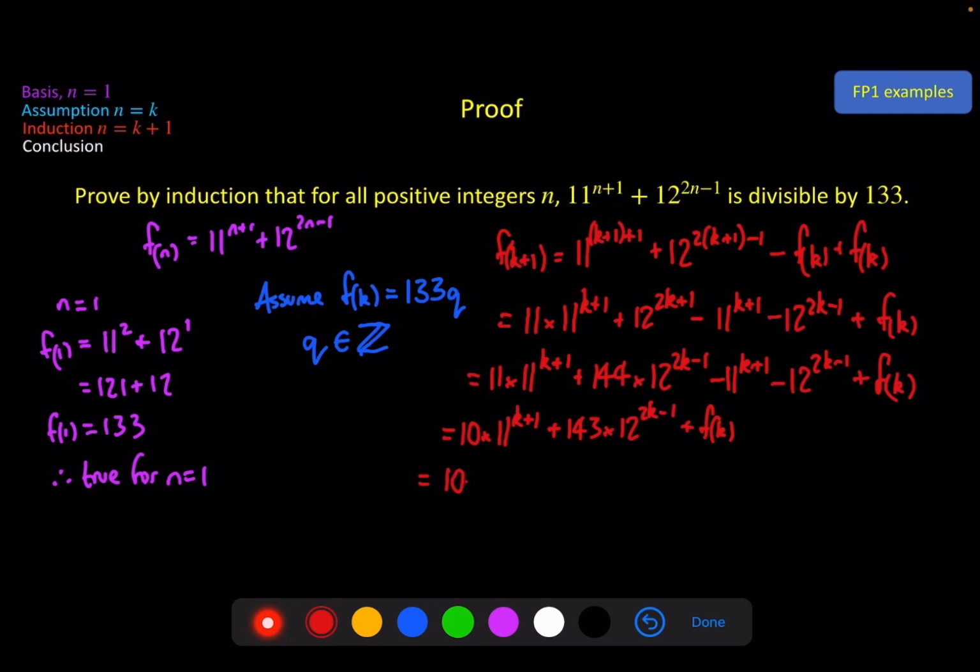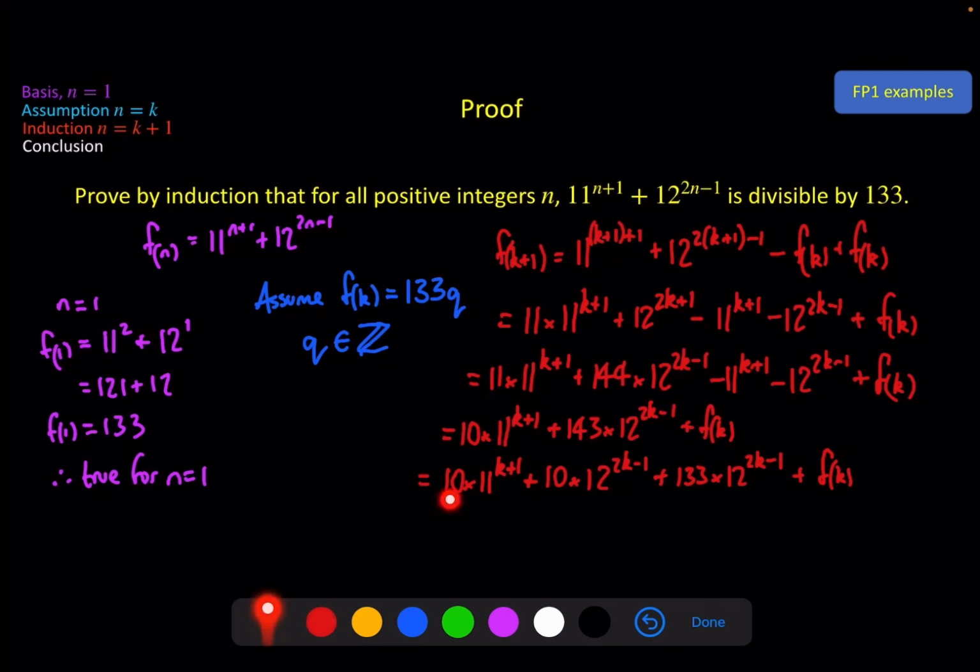So we've got 10 lots of 11 to the k plus 1, and if I take out 10 of these, separate 10 of these from here, that leaves me with 133 lots of these here, which is suddenly looking a lot more promising, plus f of k on the end.